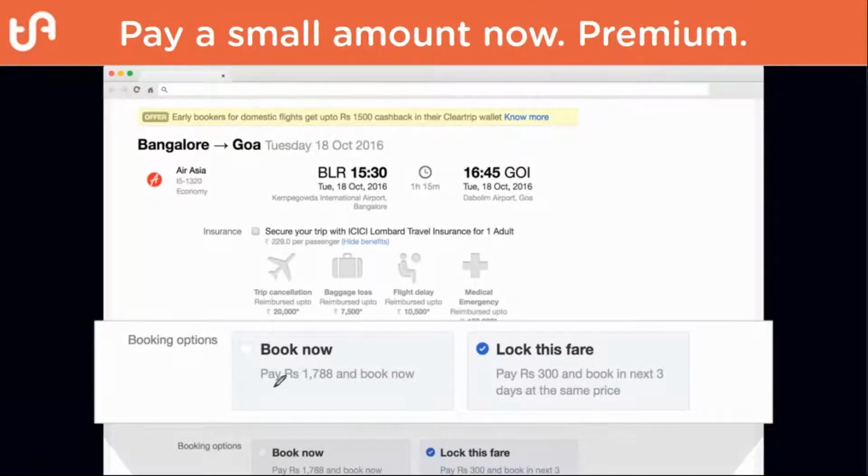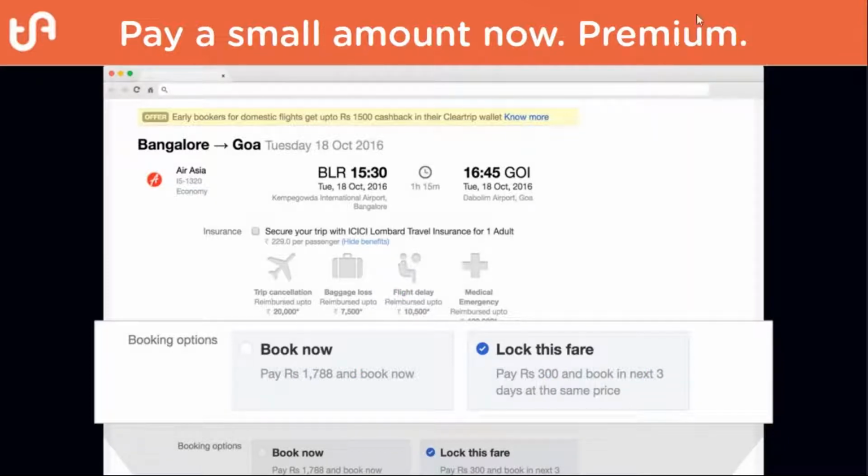Here you can see, book now, pay 1788 or pay 300 and lock for the next 3 days. So if you pay 300 rupees now, you are guaranteed to buy the tickets at this price in the next 3 days, even if the price goes up. That's what Cleartrip is offering.